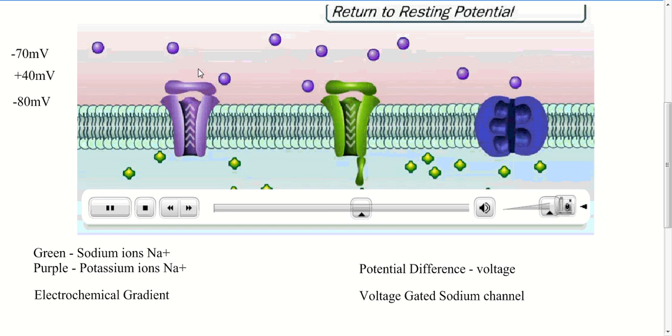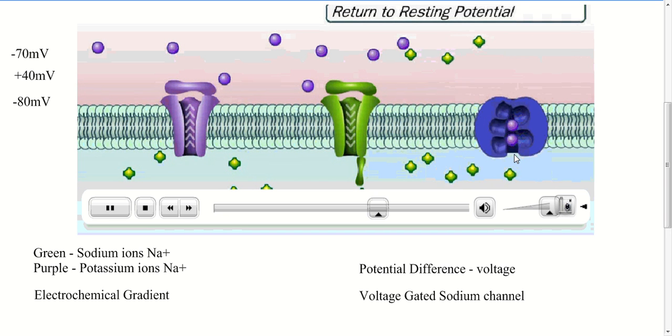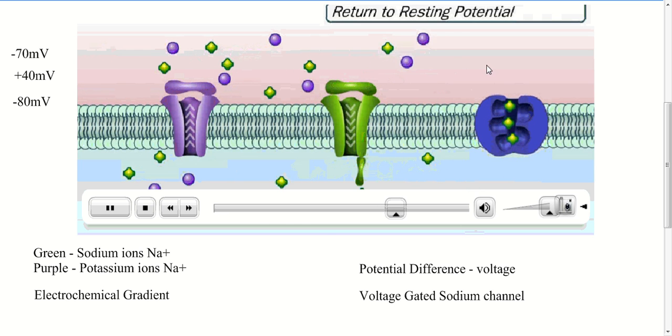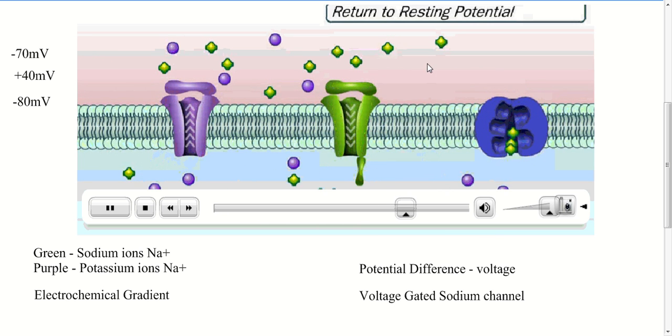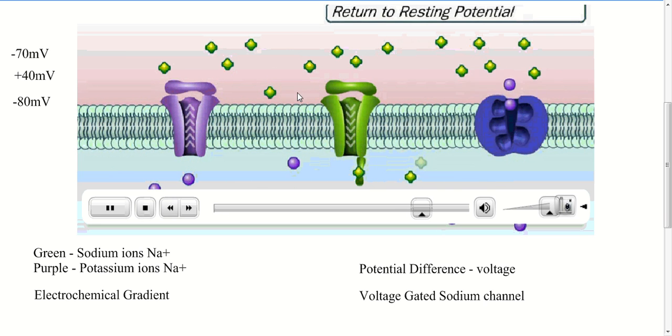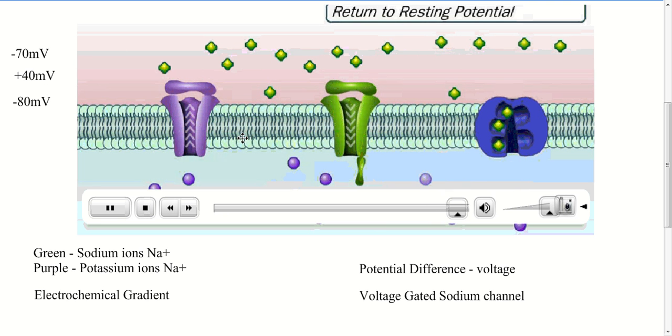So the potassium channel closes, the sodium potassium pump opens up, and it transfers 3 sodiums for every 2 potassiums, and there's this continual movement of those ions until the potential difference across the membrane returns back to resting potential, which is minus 70 millivolts.